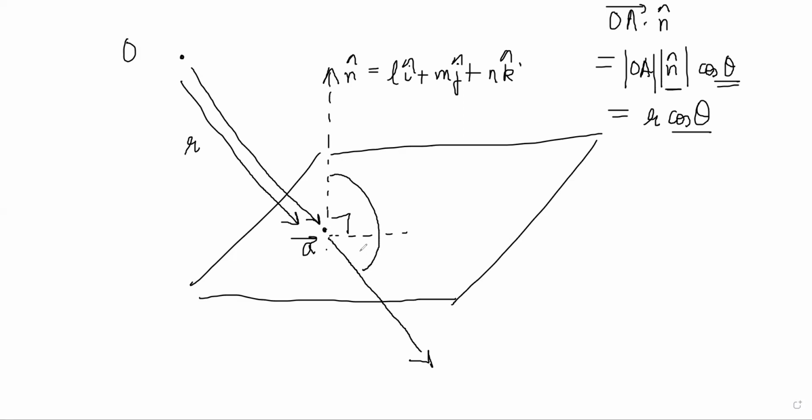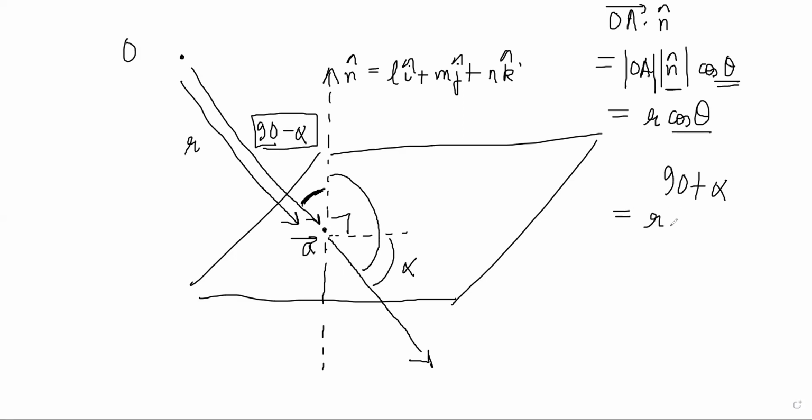That's fine. This theta angle is 90 plus alpha, where alpha is this portion. So what is this angle? This angle is 90 minus alpha. So r cos of 90 plus alpha will come out to be minus r sine alpha.